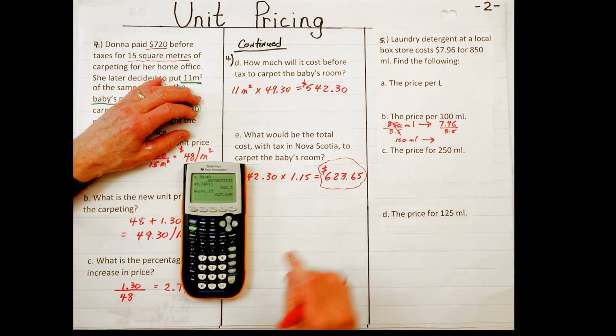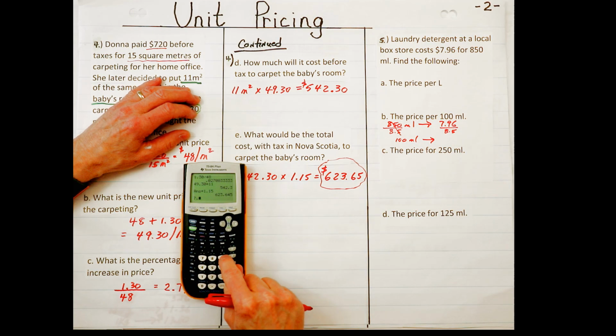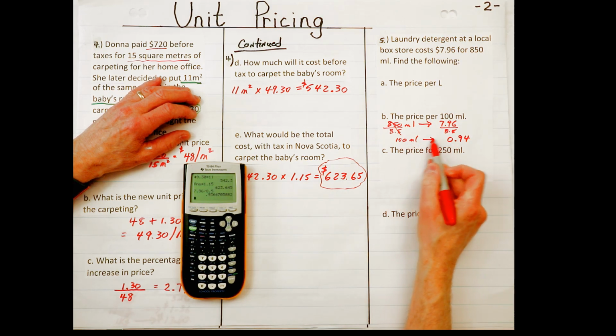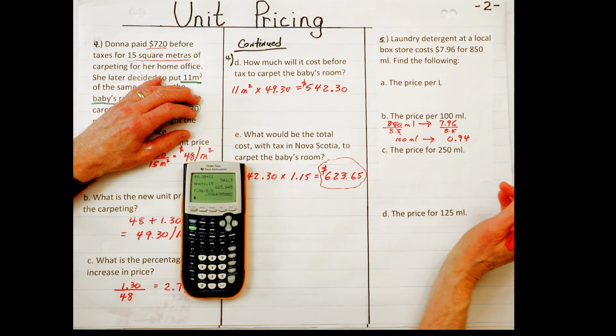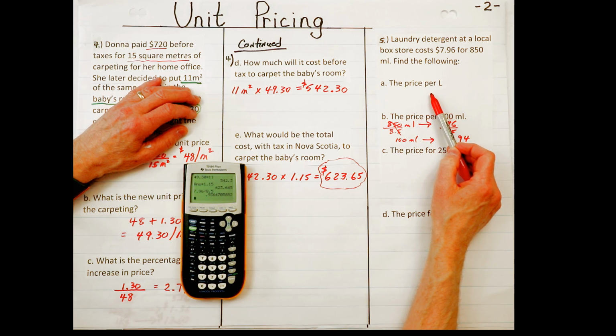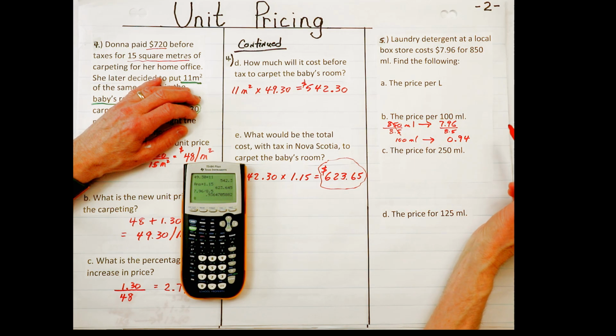And when we divide $7.96 by 8.5, that is 94 cents. That would be 100 milliliters of the detergent. Now we can easily do price per liter.